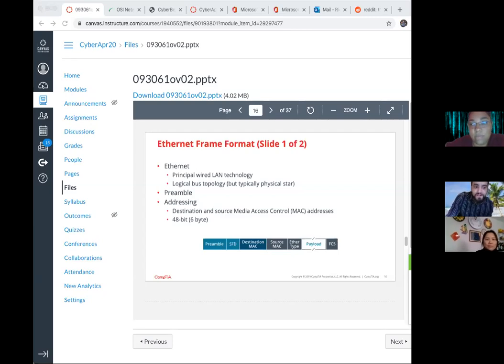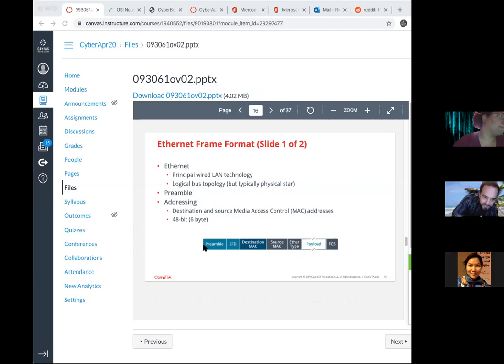For the frames themselves, it uses a preamble and a start frame delimiter. That's the preamble here, and start frame delimiter. So this would be like a model of a frame. The preamble and the start frame delimiter are used for synchronization for the CSMA CD protocols for identifying collisions.